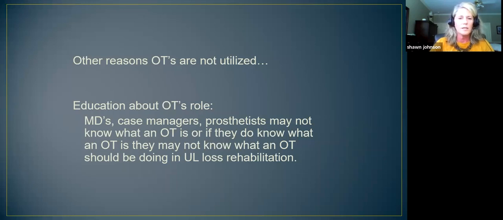So physicians, case managers, nurses, prosthetists may or may not know what an OT is, or if they do know what an OT is, they may not know what they should be doing. So that's what the rest of this presentation is about: if you're not getting what you see in this presentation, you need to be asking for it.